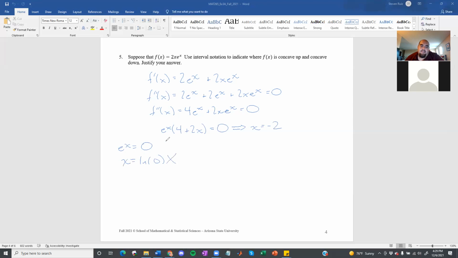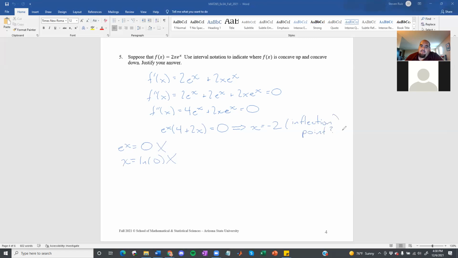No, you can't. Think about it this way, you can't raise e to anything and get 0. Right, okay. So the e to the x cannot equal 0. So then that's our inflection point, correct? Yeah, well, possibly.